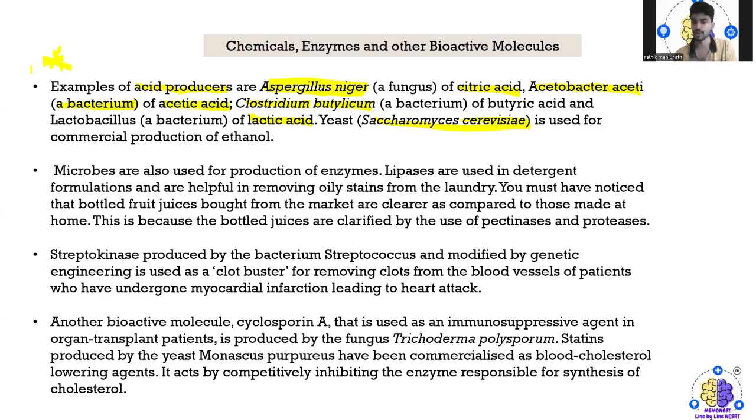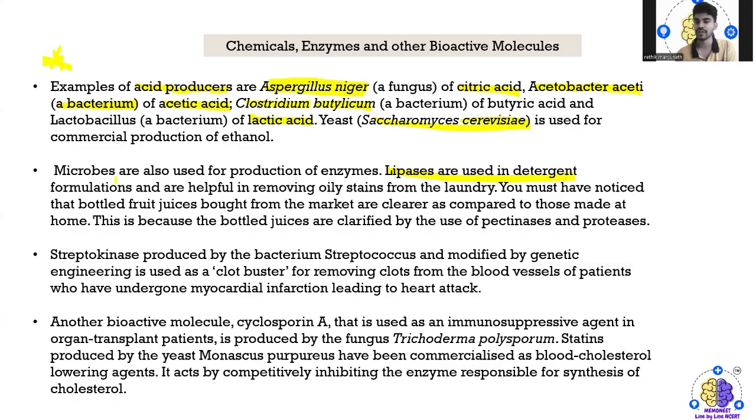Microbes are also used for the production of enzymes, like lipases used in detergent formulations, which help in removal of oil stains from laundry. And if you have noticed, bottled juice from the market is very clear compared to juice made at home.